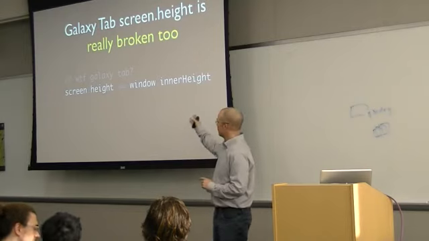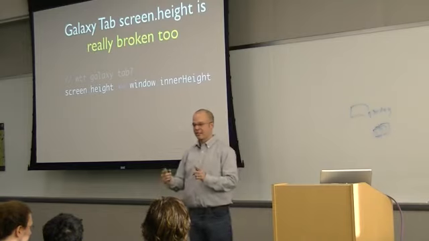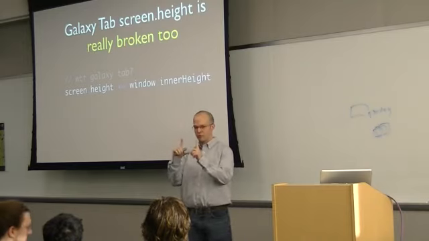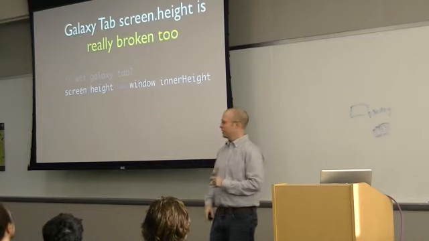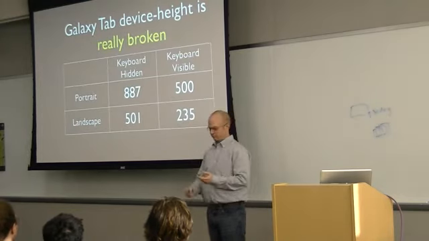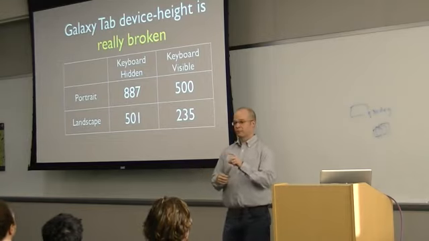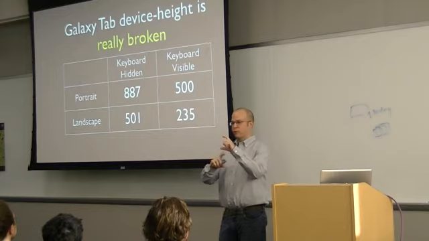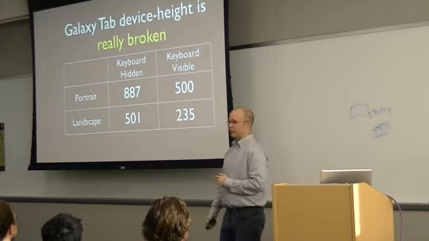If you typed in window.innerHeight, or innerWidth for that matter, to keep things consistent, that will tell you the size of the viewport, the size of the document that's inside the browser. That's exactly what we're seeing here. The Galaxy Tab subtracts things like the browser chrome. It subtracts other elements like the virtual keyboard from the overall device height, which gives you a really screwy thing to try to lay out.